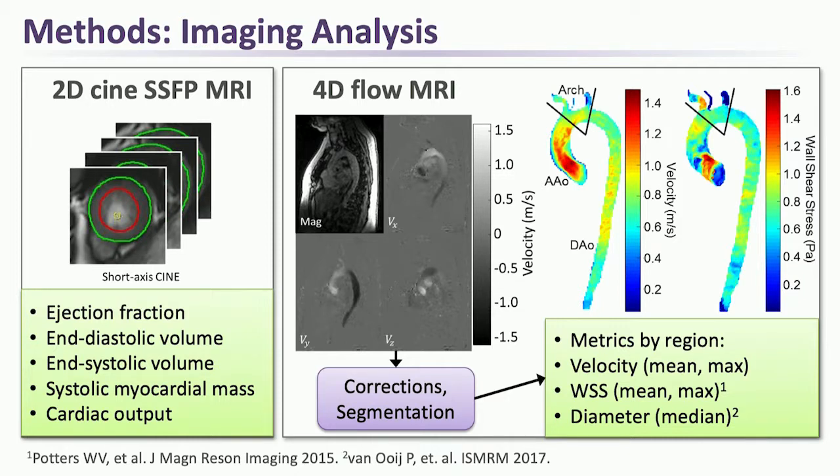The 4D flow data was pre-processed, including corrections and aortic segmentation, and then regions were separated for the ascending aorta, the arch, and the descending aorta to derive metrics by these regions in peak systole, so looking at the mean velocity at the time point of peak systole, as well as the maximum velocity, and as well as wall shear stress. Additionally, diameter was acquired from the 4D flow data.